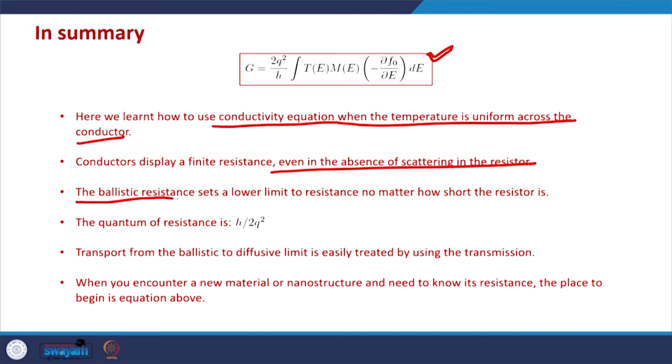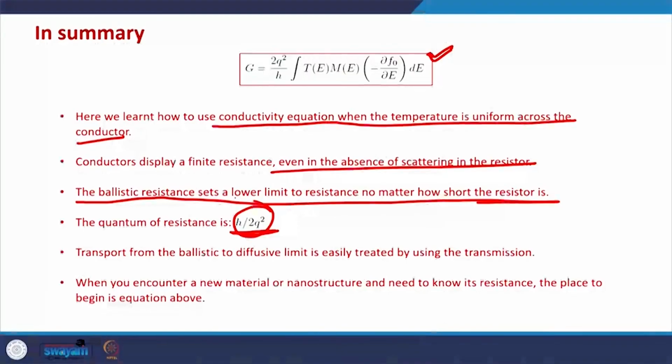This ballistic resistance, that is the resistance in the absence of scattering in the channel, sets a lower limit to the resistance no matter how short the resistor is. And this is also known as the quantum of resistance, and this is given by this formula, or 1 by 12.9 kilo ohms.